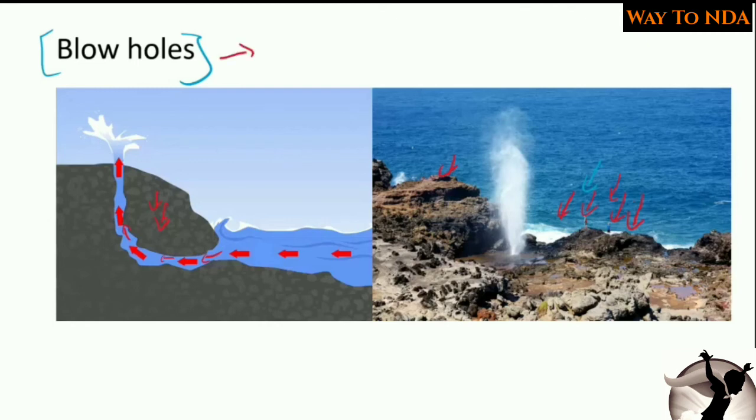So whenever the wave will hit the cave, the water will come upside through the blowhole. So this type of structure you will find. Why? Because beneath the cave the roof will have a hole and the water will come outside. So these are the blowholes.